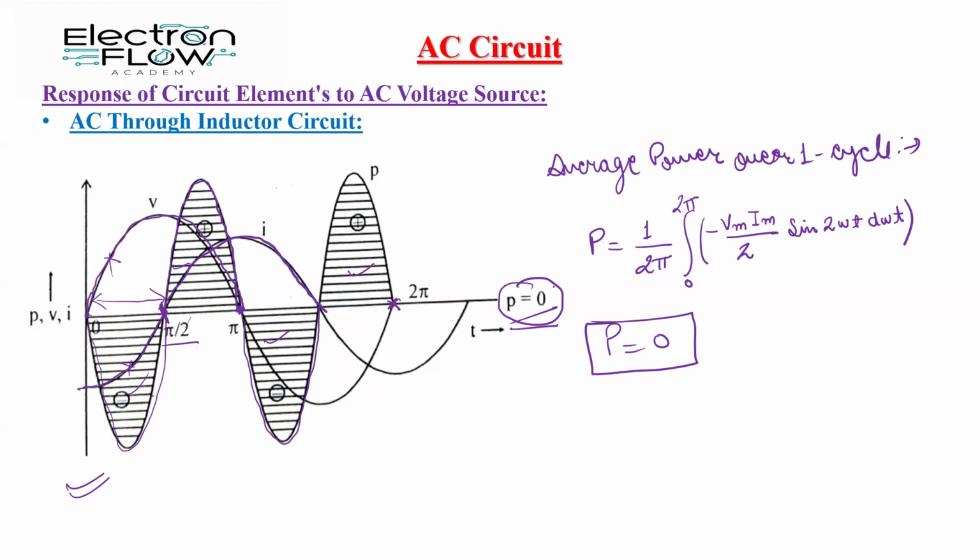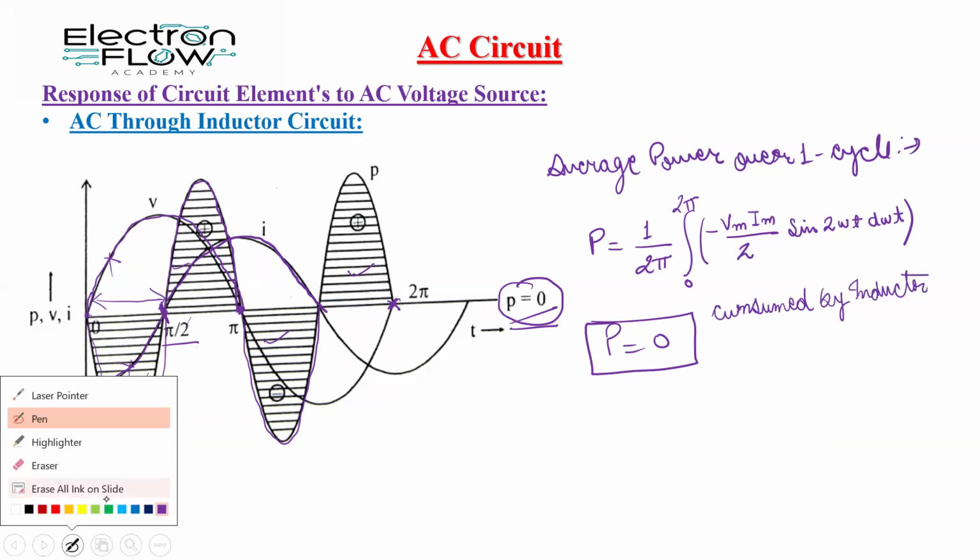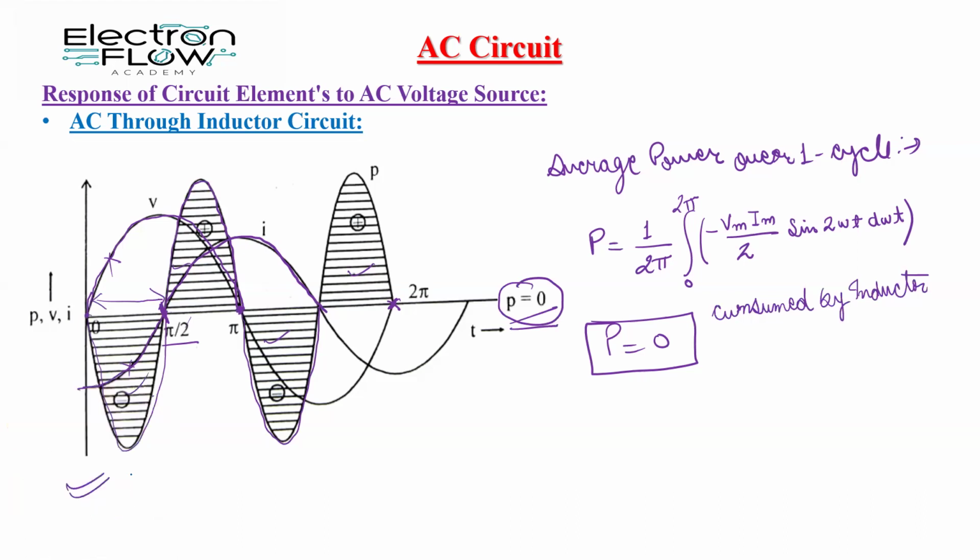Basically this implies that the average power consumed by the inductor is 0. However, the instantaneous power pulsates at double the supply frequency, as shown in the figure here.